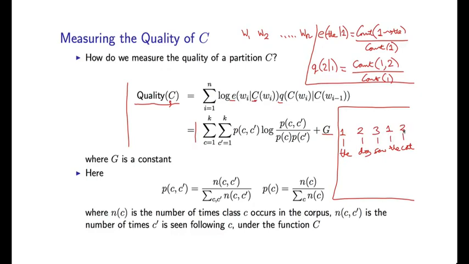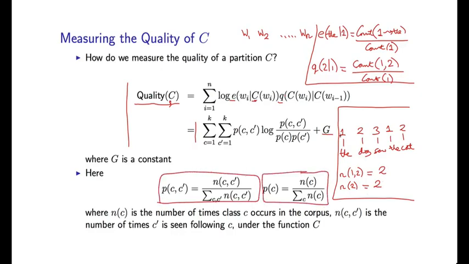Having performed this mapping, I can calculate the number of times I see C followed by C primed. So for example, n1,2 is equal to 2 in this case. Or I can compute the number of times I've seen a particular class. For example, n2 is equal to 2, and so on. So I can read off these counts directly from my corpus once I have that function capital C, and so I can estimate these probabilities.